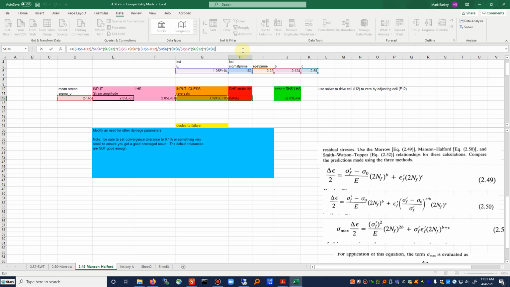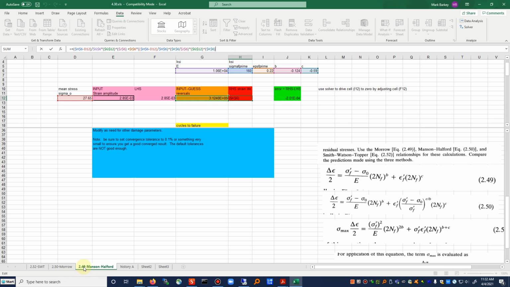Let's see, what's going on here with that? Looks like that's a different one. It actually looks like equation 250. Okay, so I think I labeled these wrong.